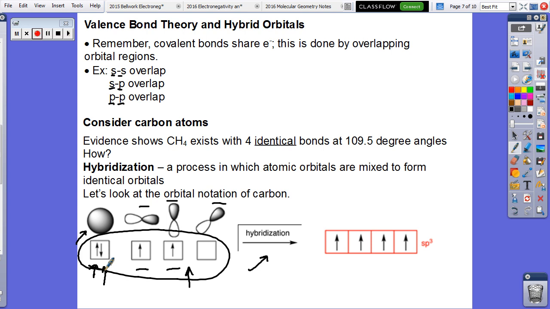There are still 4 orbitals, 1, 2, 3, 4, but each one can hold 1 electron ready to be shared with another atom. Those hybrid orbitals are named after the orbitals that were blended together to make them. Since it took 1 s and 3 p orbitals to create our hybrid orbitals, we call them sp3. So that's where the name of those hybridized orbitals comes from.